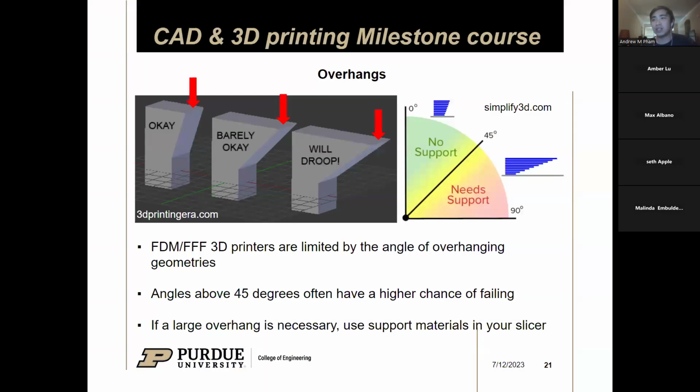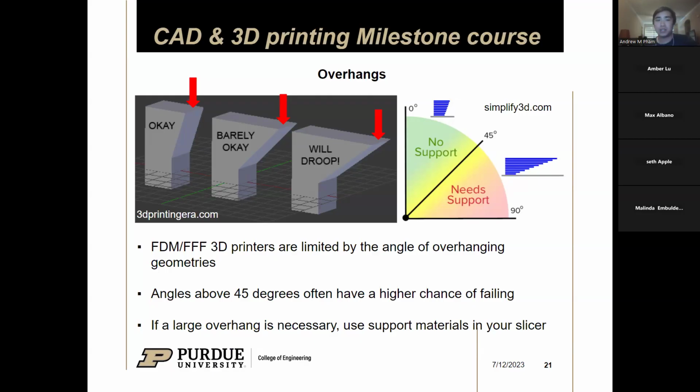One of the main things people talk about for 3D printing is an overhang. Because of how 3D printing works, you're stacking layers on top of each other, and those layers have to at least somewhat overlap. If they don't overlap, the material can droop and fail, and that's what we call an overhang.